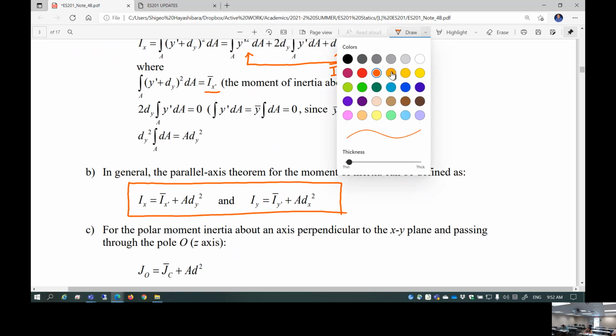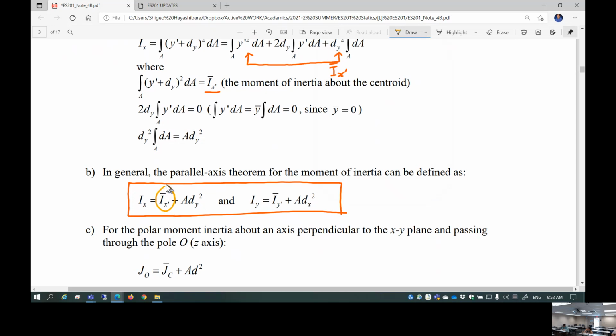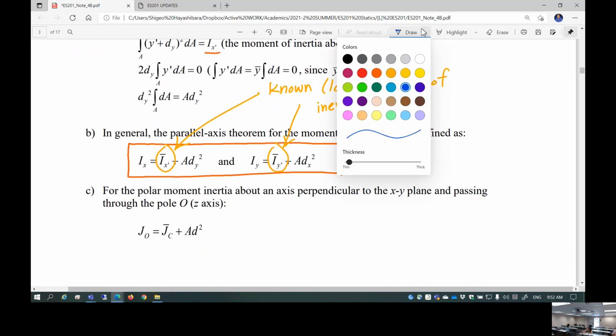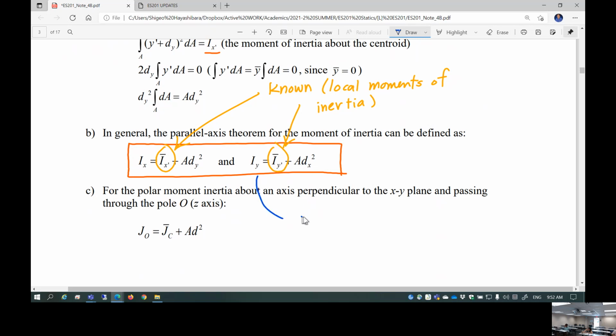So the important thing is, first of all, those are usually known. Local moment of inertia. If those two are known, the local moment of inertia is the moment of inertia about the centroidal axis, and you can describe it like this.